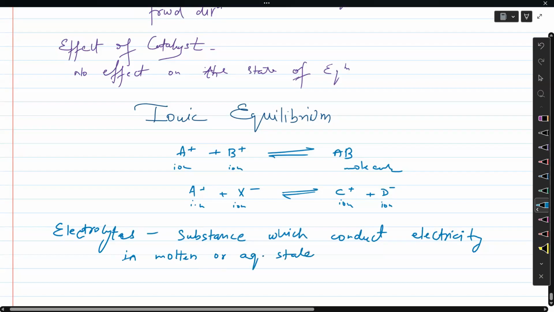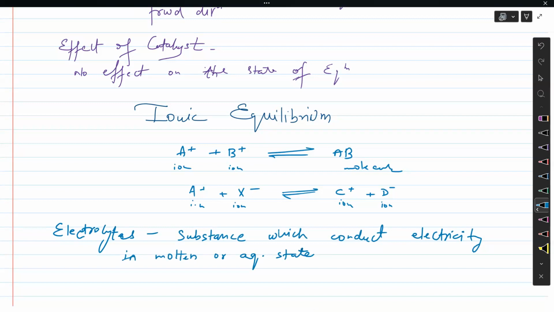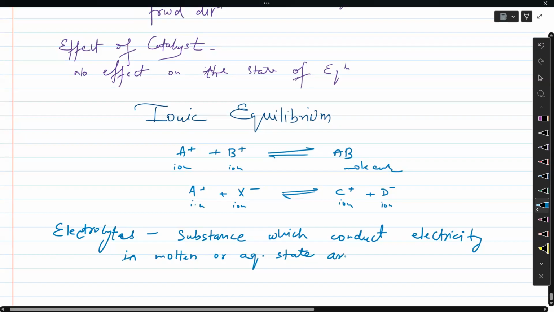This copper wire which you see, or the aluminum wire which runs in the home, they are not electrolytes, however, they conduct electricity. The substances which are in molten or aqueous state and which conduct electricity are known as electrolytes.